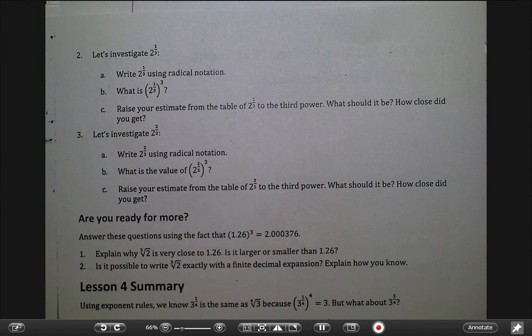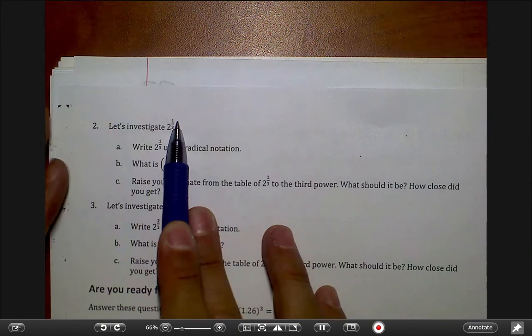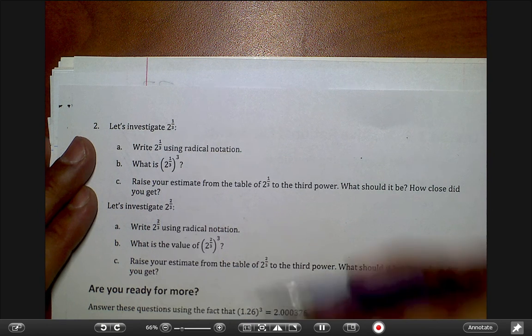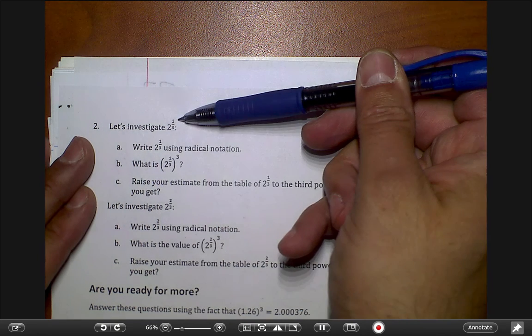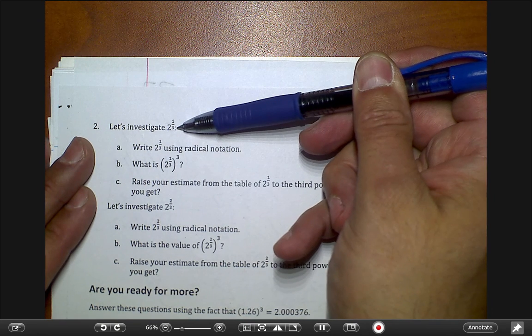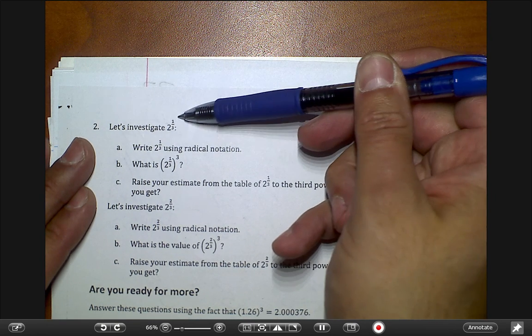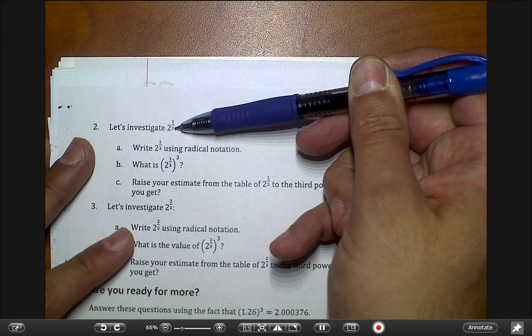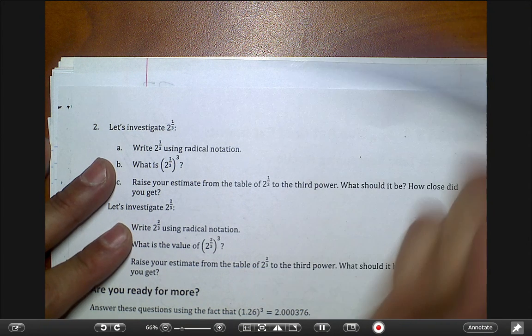Write using radical notation. So, this 1 right here, what does the 1 represent? Power. And the bottom is the root. So it's going to be 2 to the first power. And then it is the cube root, right? So let's rewrite that.